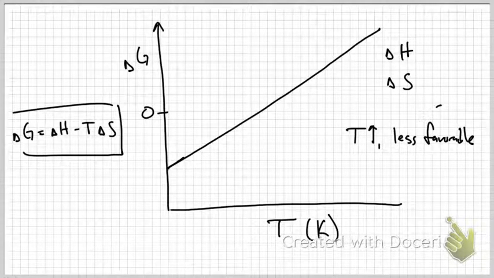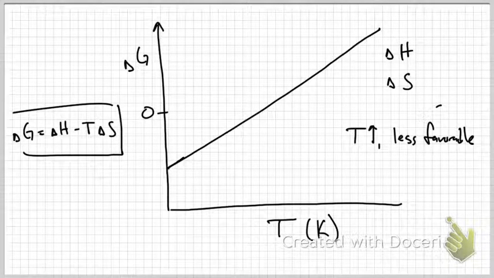So, as entropy increases, it's more and more favorable. What this is saying is that if this is more favorable, if it's a positive delta S, that means that as it warms up, we're going to get more negative for Gibbs free energy. Does that make sense?